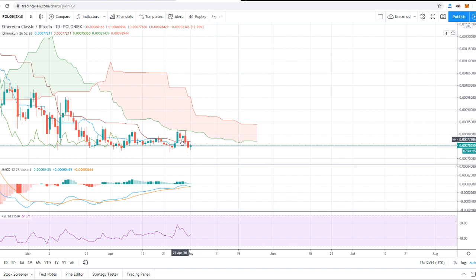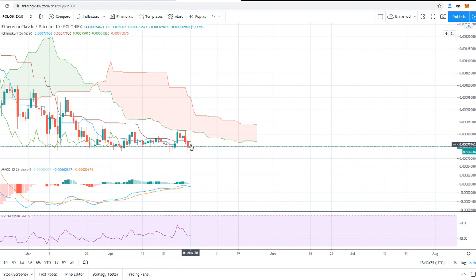But once we again got down, it acted as resistance. And the outline of the cloud also acts as resistance. So here, for instance, once we touched 0.0081, it acted as resistance, and we went to the downside. We again tried to test it and immediately got rejected. So that's how it works.